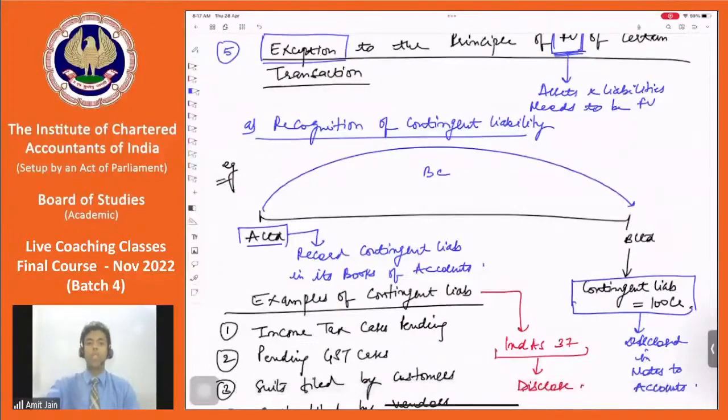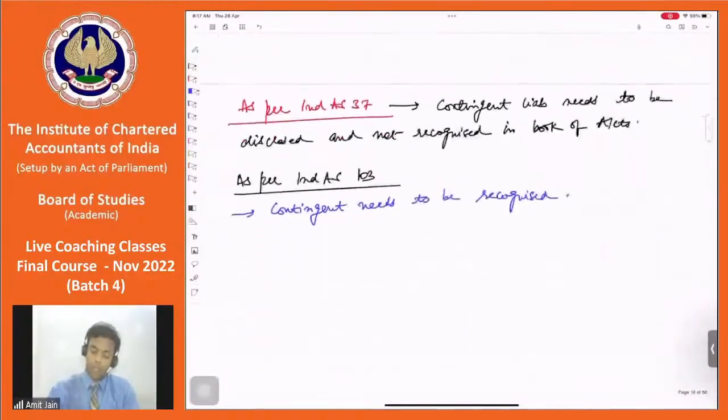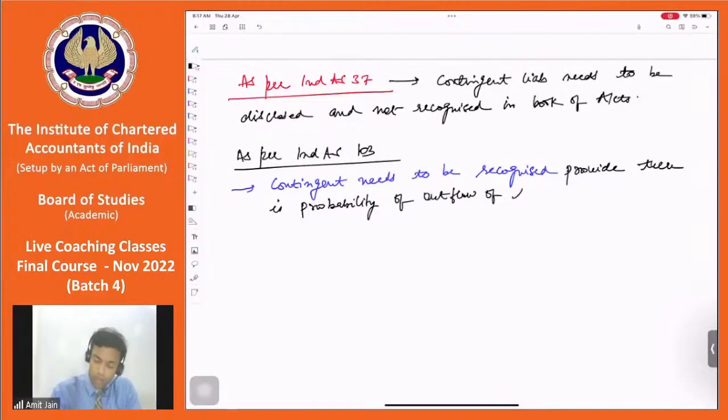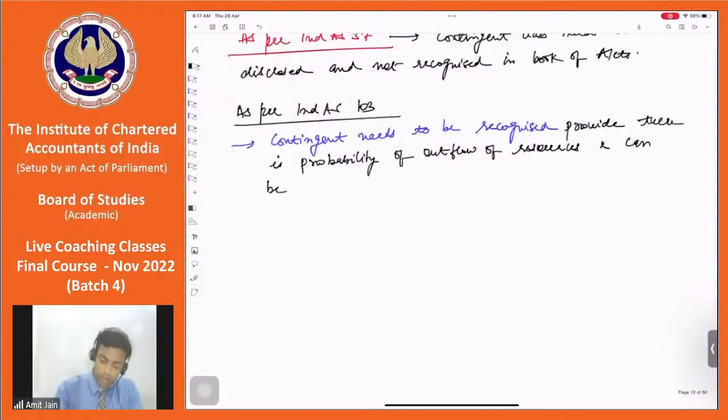Under Ind AS 37 we would not recognize, but we are applying Ind AS 103. We will recognize provided there is a probability of outflow of resources and it can be measured reliably.